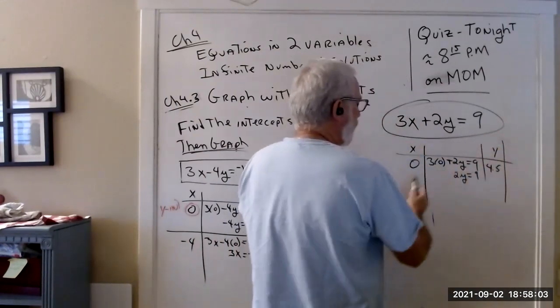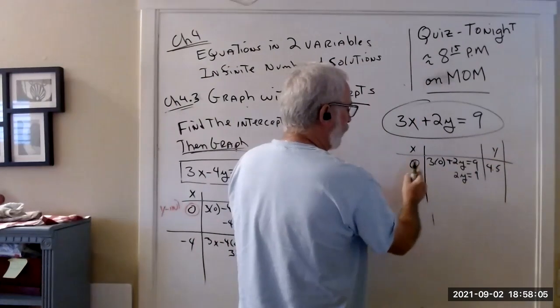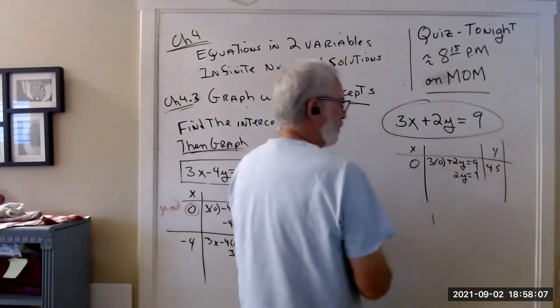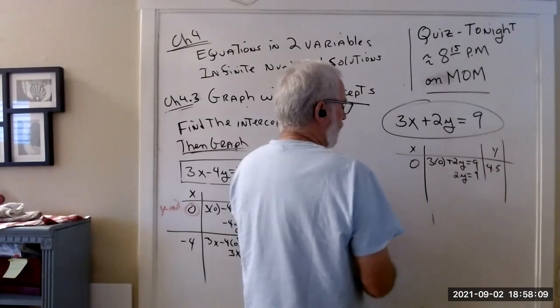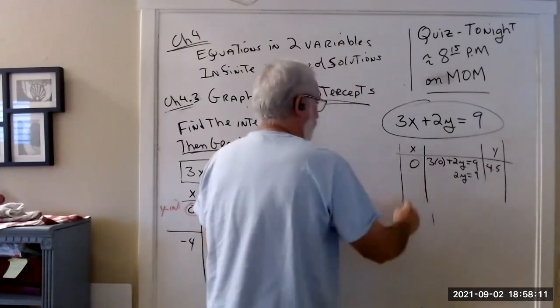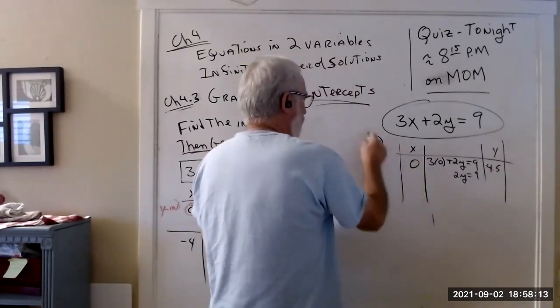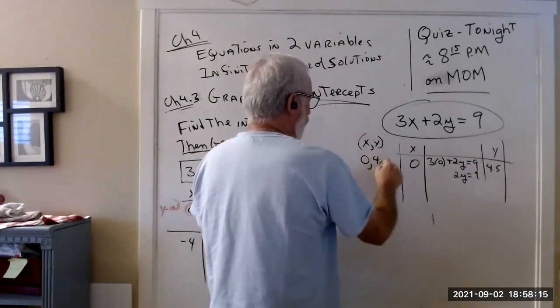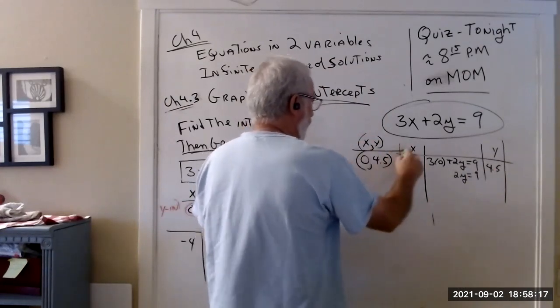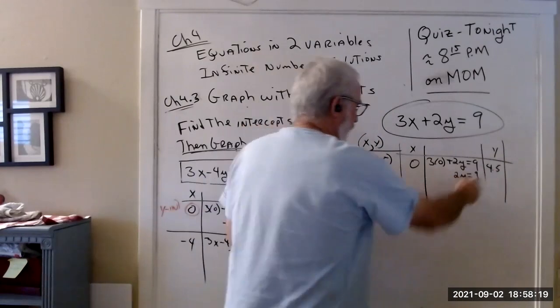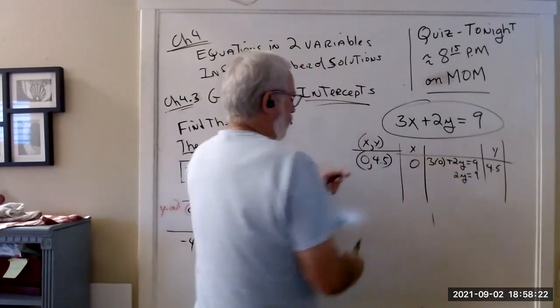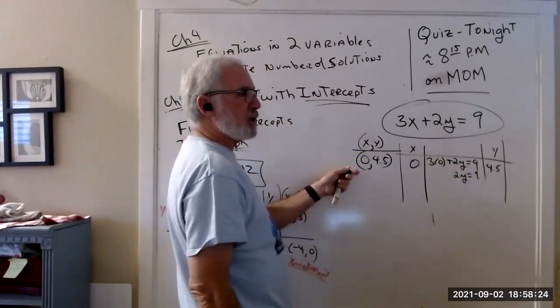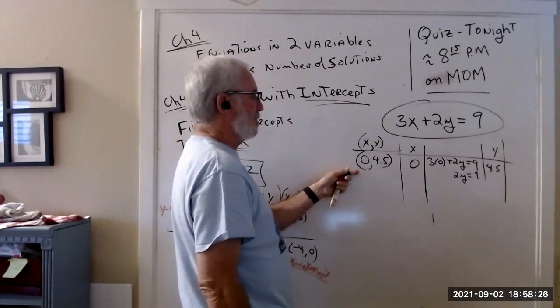Now I'm not writing the ordered pair, but it's implied, 0, 4.5. Okay, actually, maybe I should write it. The ordered pair is 0, 4.5, or 9 halves, whichever. But what is that? Is that the x-intercept or the y-intercept? The y-intercept, because x is 0.